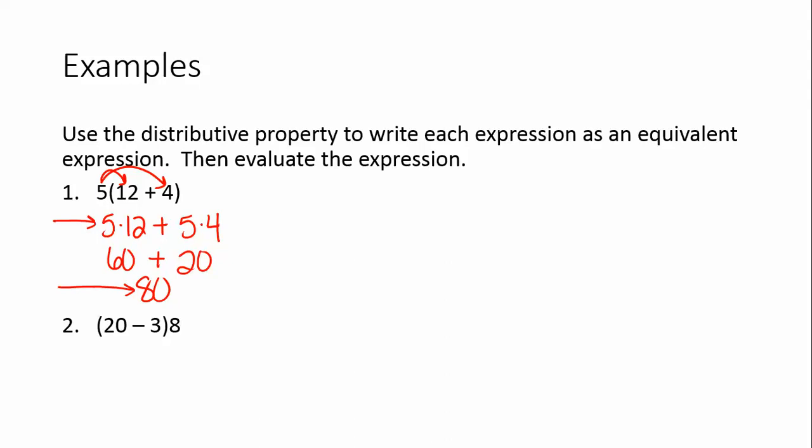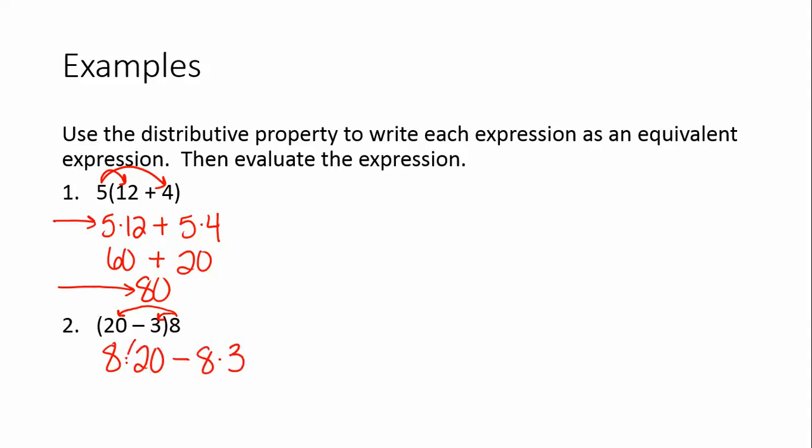On example 2, again, the 8 is in the back, which doesn't really matter, but we still want to work from left to right inside the parentheses so we don't mix up our signs. But it's 8 times 20 minus 8 times 3.